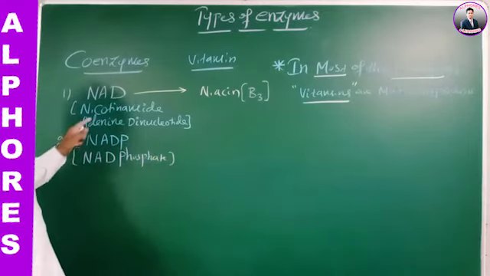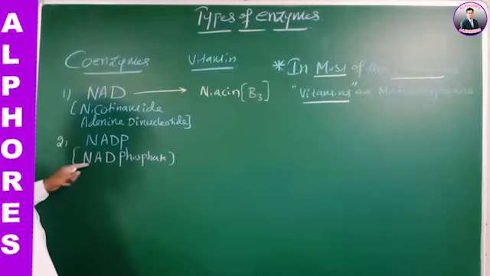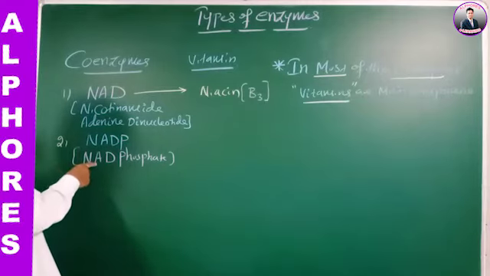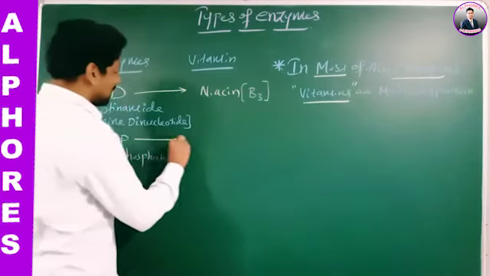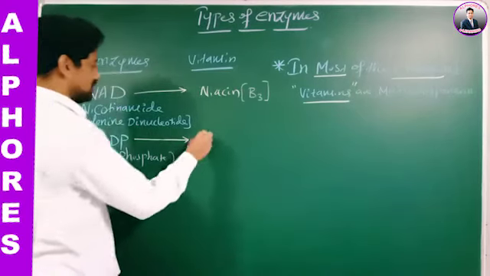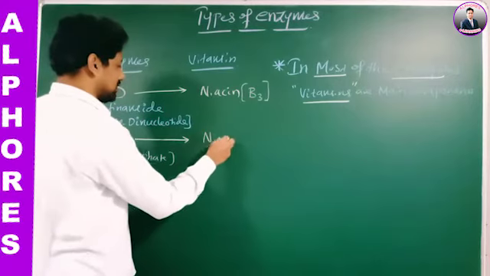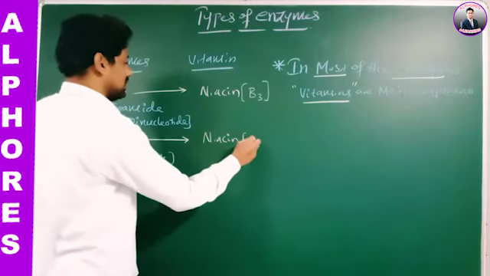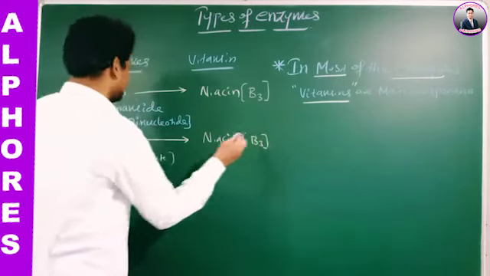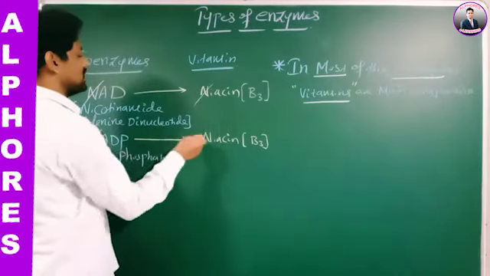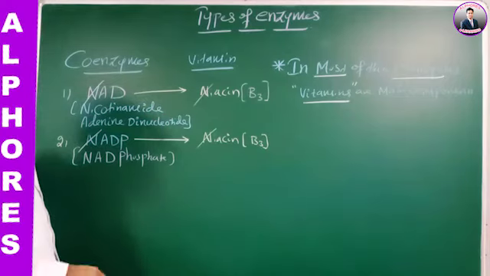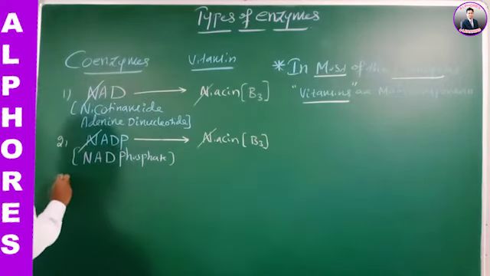It's already written, so I'm not repeating it. Which vitamin is present? Here also it is niacin, that is B3. Therefore, in NAD and NADP, niacin is present.